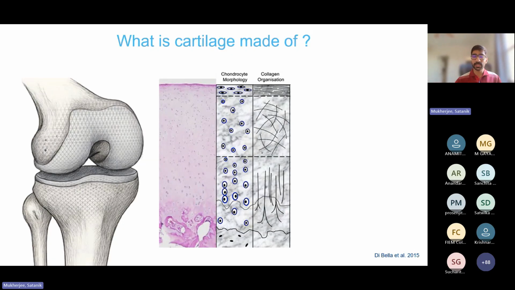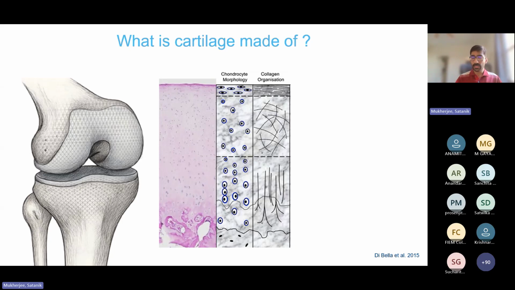And one of the ways it does it is by the arrangement of collagen fibers inside the cartilage, which forms this arch-like structure. So the collagen fibers are perpendicular to the bone-cartilage interface, whereas on the surface of the cartilage, they are parallel to the surface. And this gives the cartilage its very typical mechanical behavior, which helps in withstanding long-term mechanical loading.